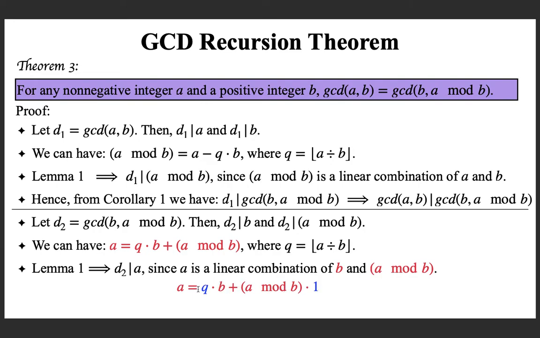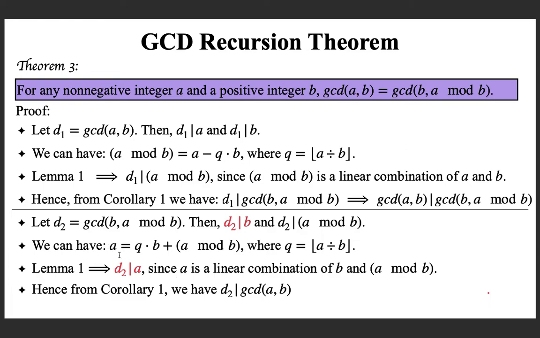Because it is B multiplied by an integer plus A mod B multiplied by an integer. So that is correct. And now from corollary 1, which says when D2 is a common divisor for A and B, then D2 must be a divisor for the GCD of those two numbers. This is corollary 1. So we have this.